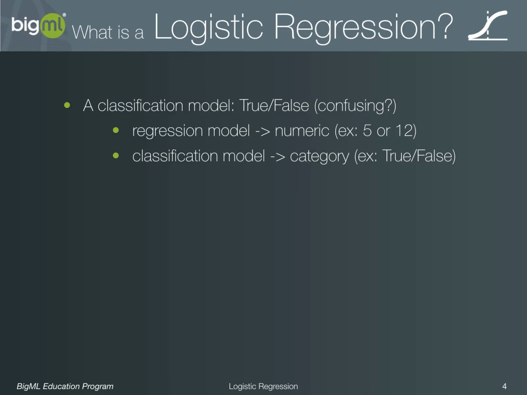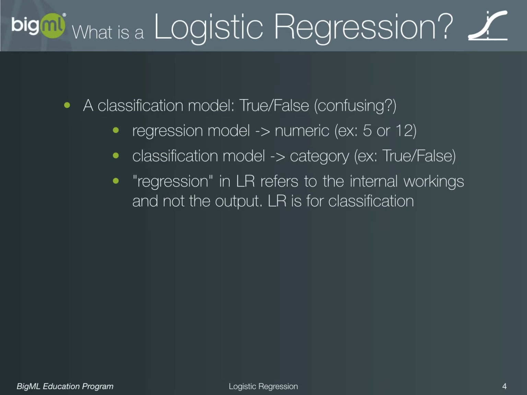And so here we have something called a logistic regression, which is for classification. The important thing to keep in mind is that the regression in the name logistic regression refers to how the algorithm works internally and does not refer to the type of model that it creates. So it is important to remember that despite this potentially confusing name, logistic regression is for solving classification problems only.